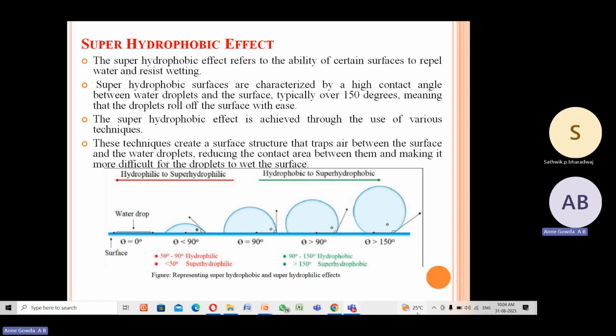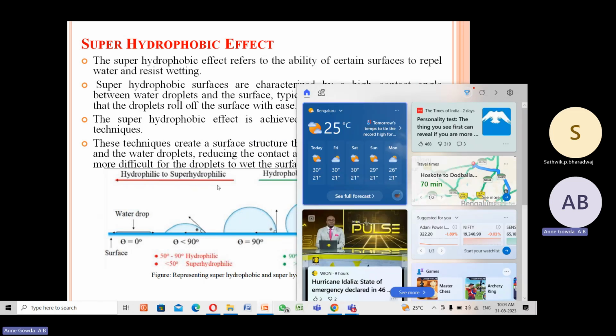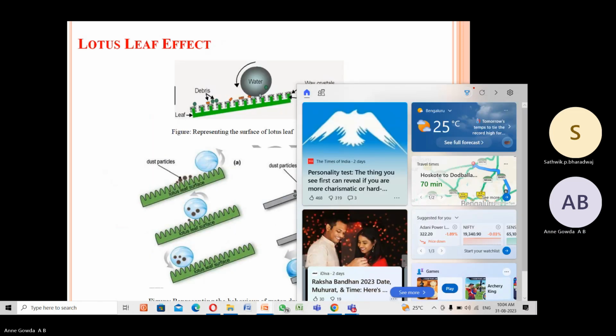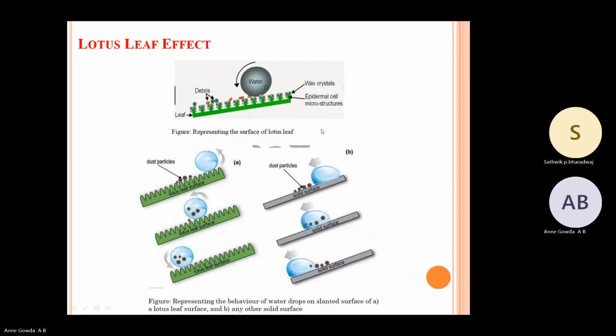So this effect, we call it the lotus leaf effect. Whatever water droplets fall on the lotus leaf can roll off easily, and along with it, they take all the dust particles residing on that lotus leaf.